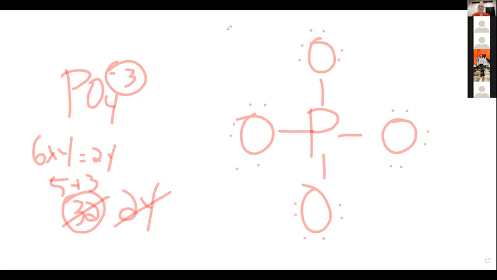So how many valence electrons does oxygen normally have as an atom? 6. And how many does it have? Each of them are all the same. So how many do they have in this structure? 8. They have 8 total. How many valence electrons do they have?